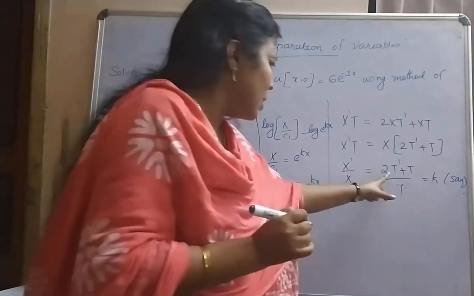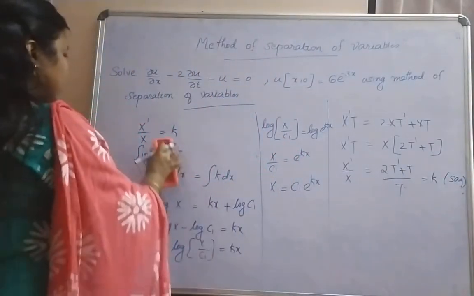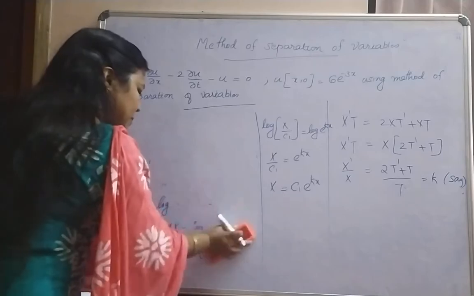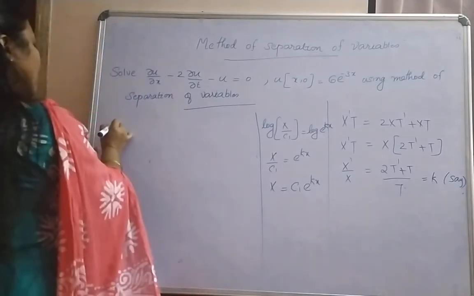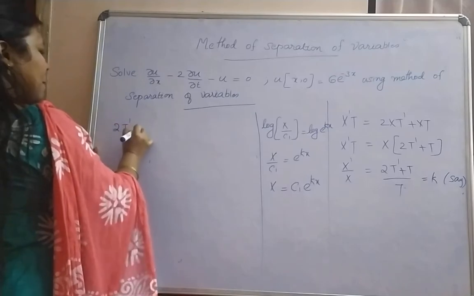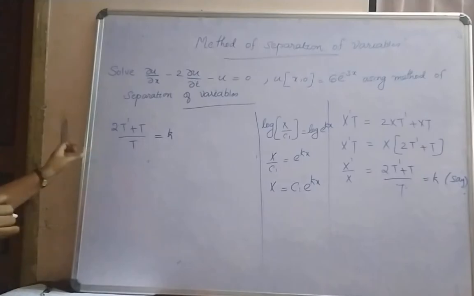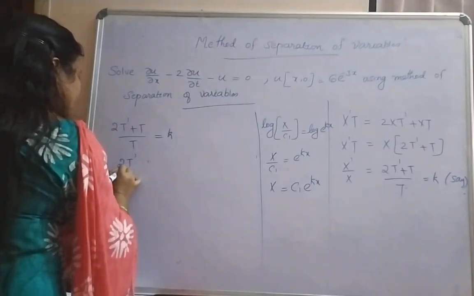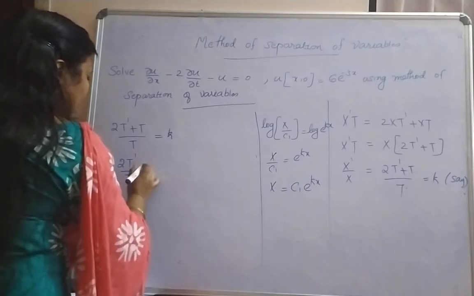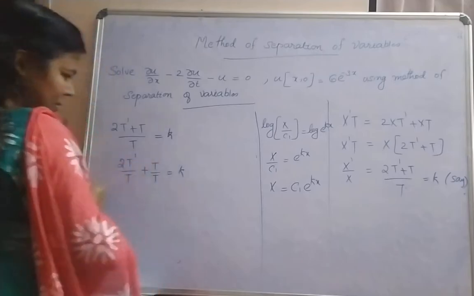Now we take (2T' plus T)/T equal to k. So 2T'/T plus T/T equal to k.